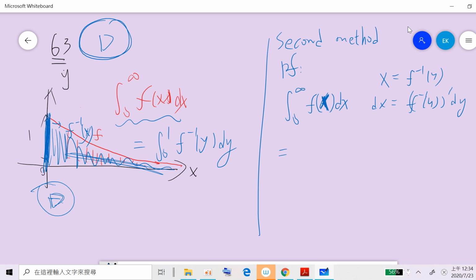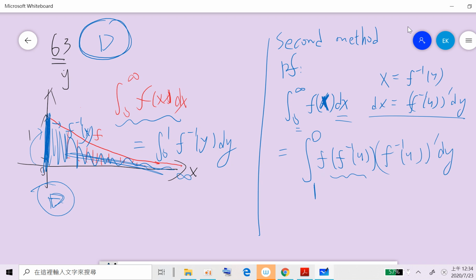When x plugged in is 0, then y is 1. When x is infinity, y is 0. So this one, and the f inverse y dx is this. So this is y.